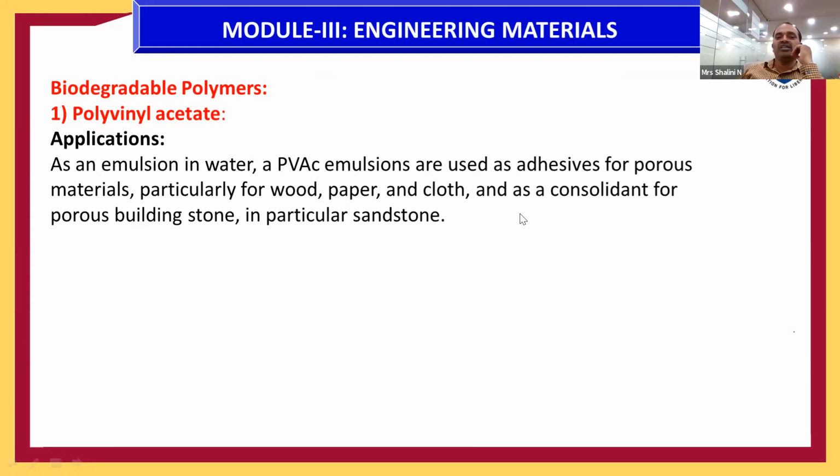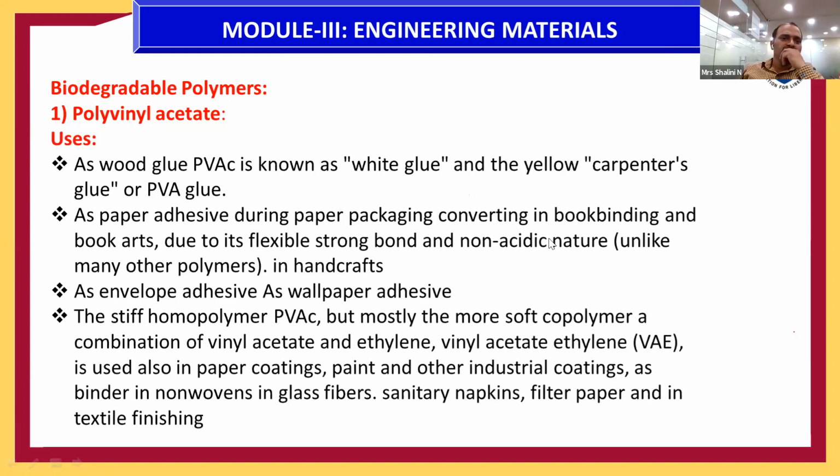The application of polyvinyl acetate is as an emulsion in water. PVAc emulsions are used as adhesives for porous materials, particularly wood, paper, and cloth, and as a consolidant for porous building stones, in particular sandstones. As wood glue, polyvinyl acetate is also known as white glue and yellow carpenter's glue.